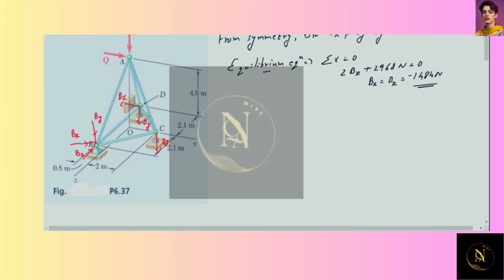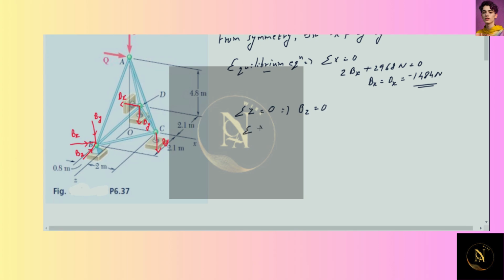Summation along z equal to 0 gives us bz equal to 0.